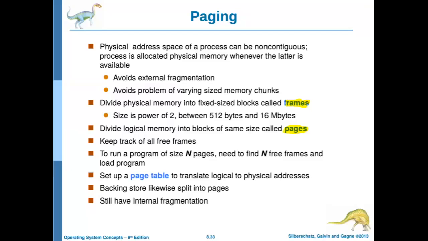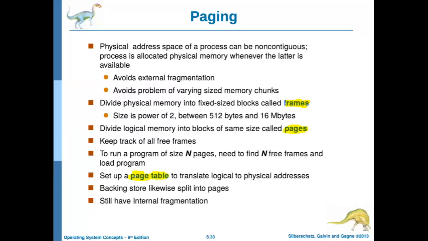Which page is loaded at which frame number, that information we need to keep track of, and that will be available in something called a page table. Like we have a segment table, here we have a page table. The page table will be used to translate the logical address to a physical address.